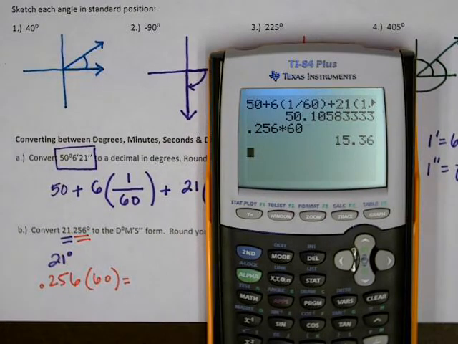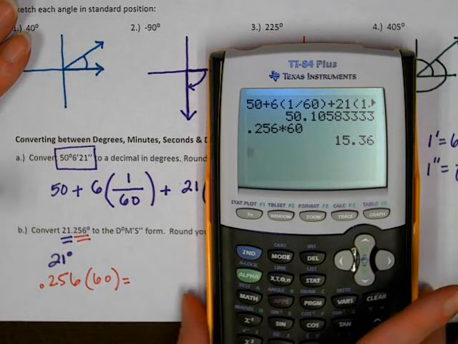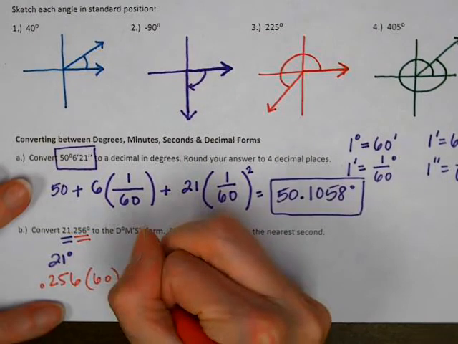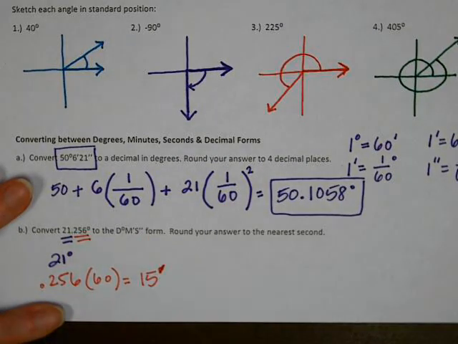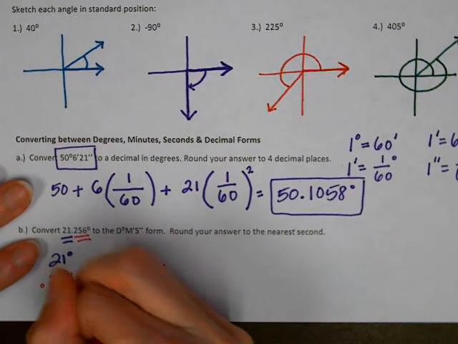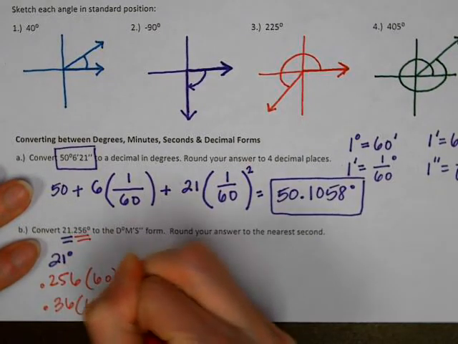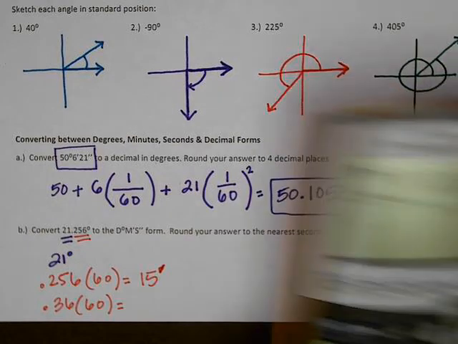Okay, we get 15.36. So I'm going to say that's going to give us 15 minutes. And then that remaining 0.36, we're going to multiply that by 60 again to see how many seconds we have.